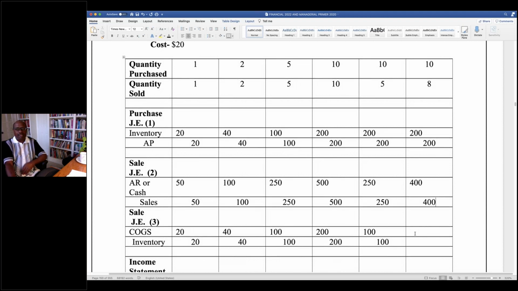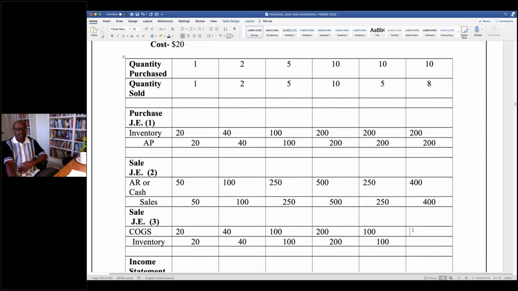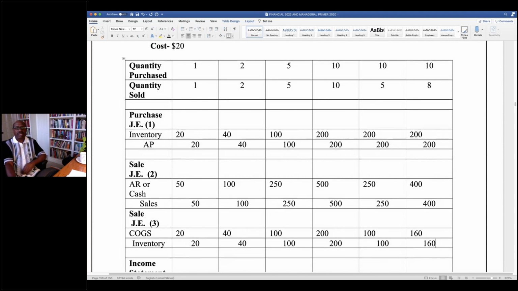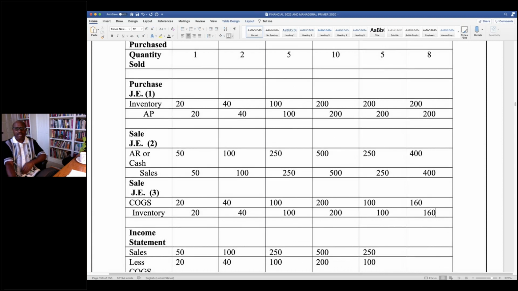And what's our cost of goods sold? I can't hear you all. 160. How did we get 160? 8 times 20. So 160.